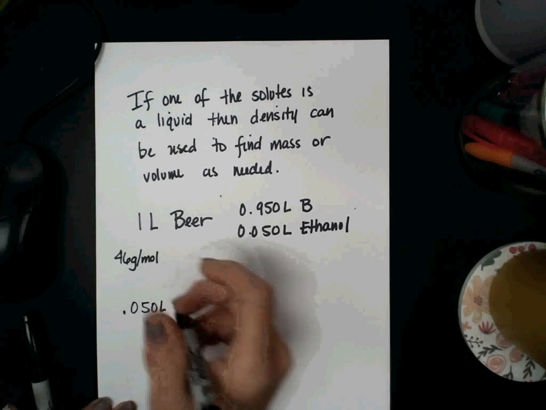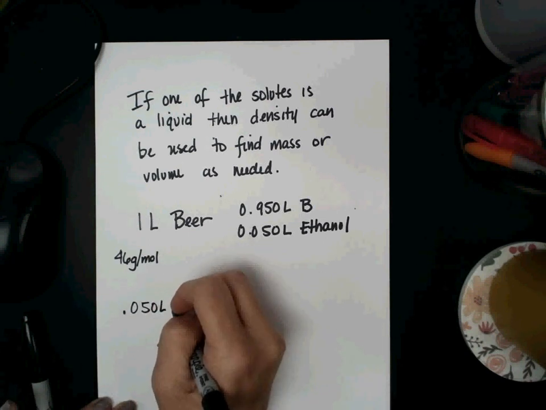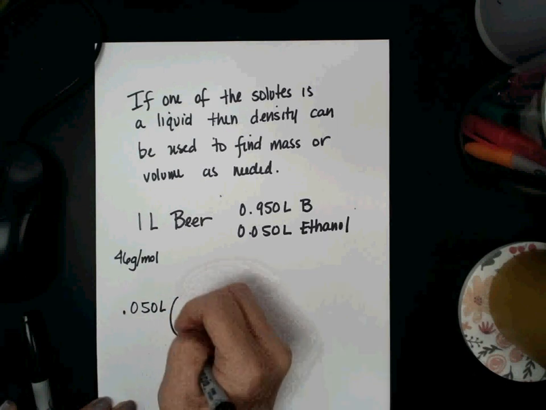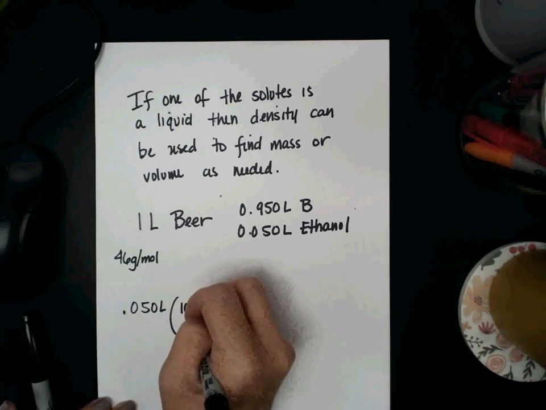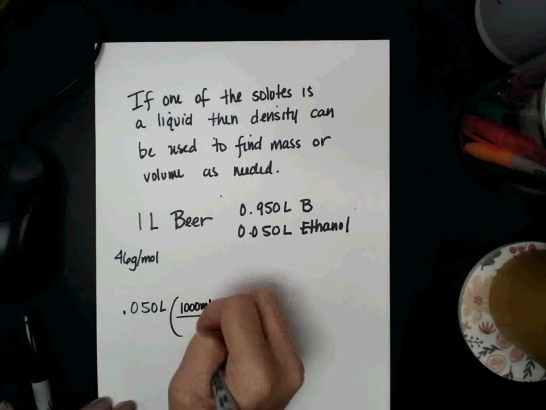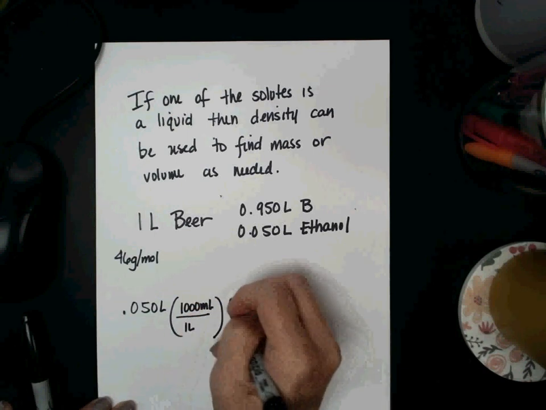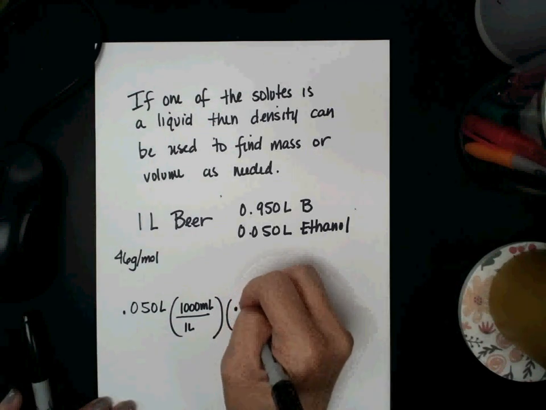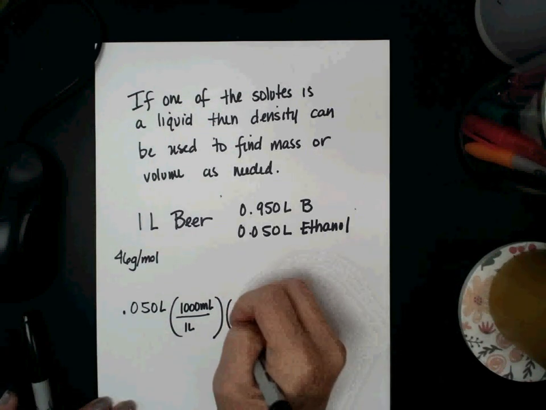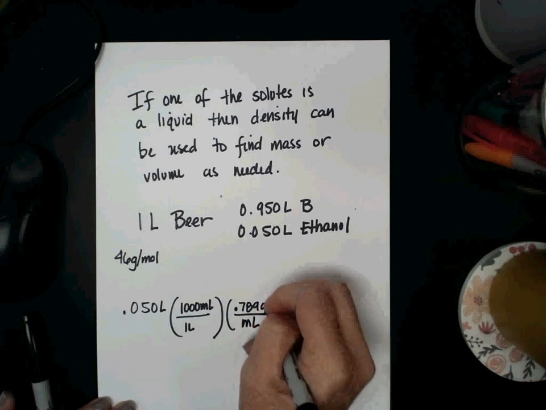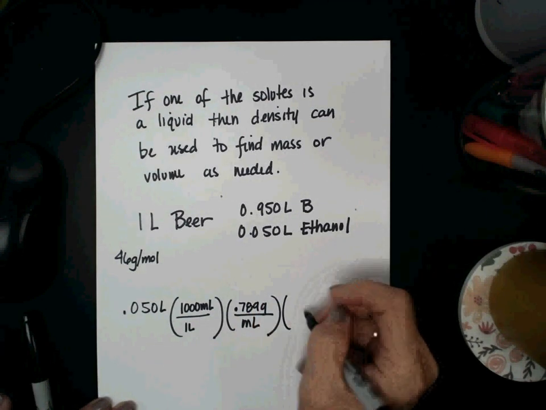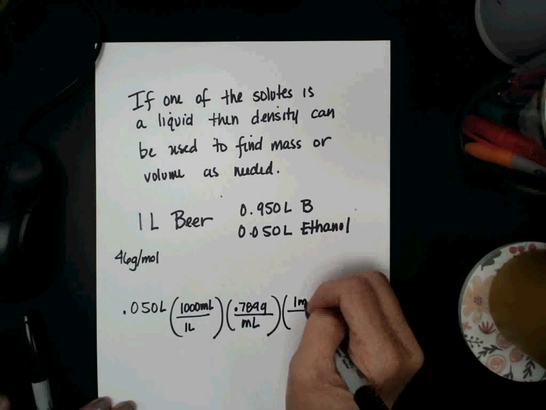I know I have 0.050 liters, and I'm going to have to use that density I was given. So I need to use 1,000 milliliters in 1 liter because my density is 0.789 grams per milliliter.